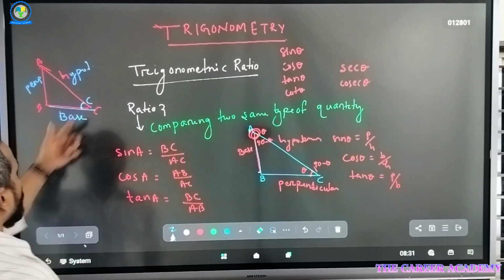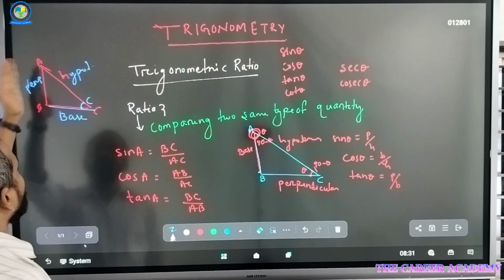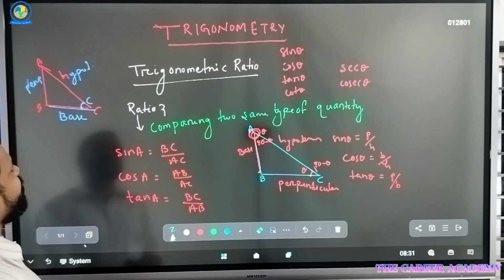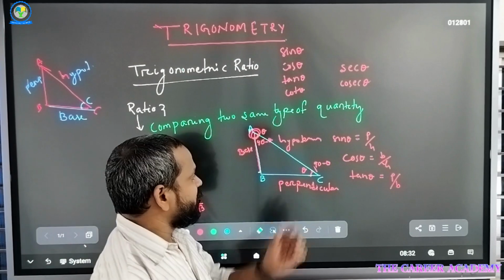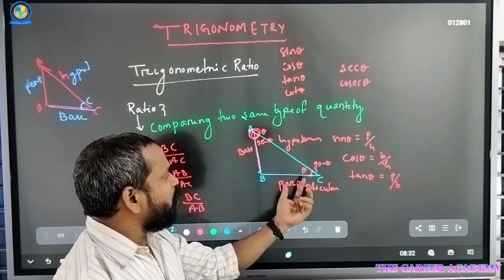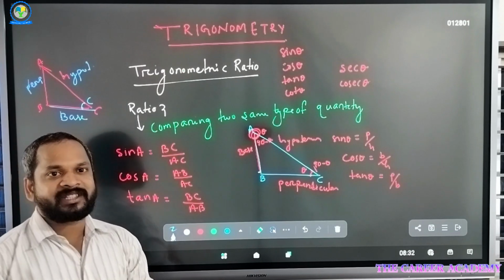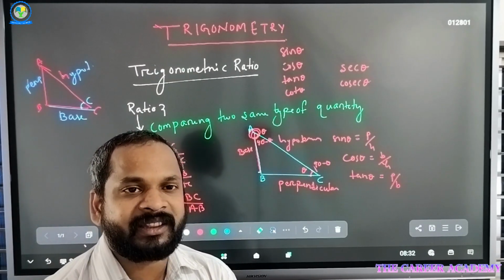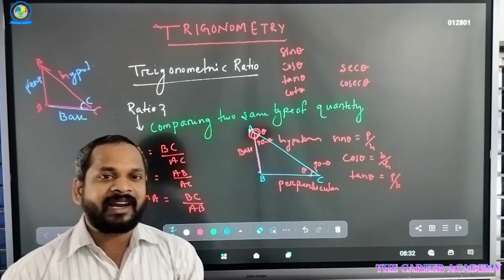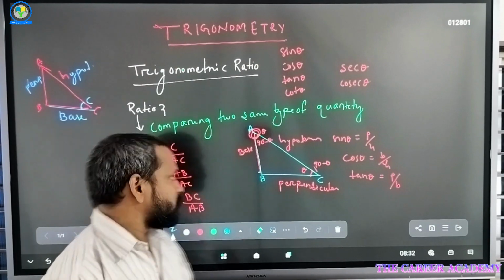I told you previously, theta always lies between the base and hypotenuse. Always keep this in mind, students.